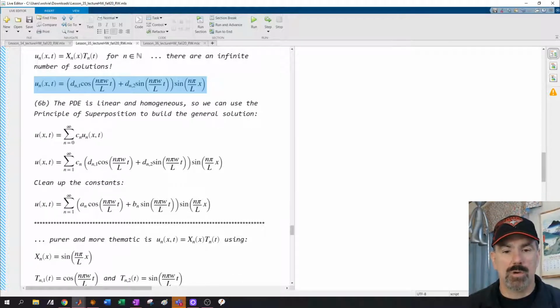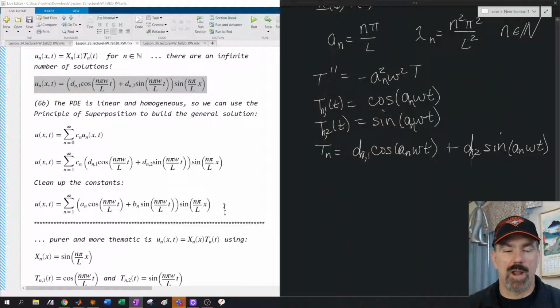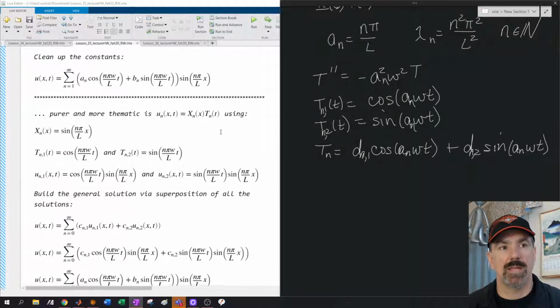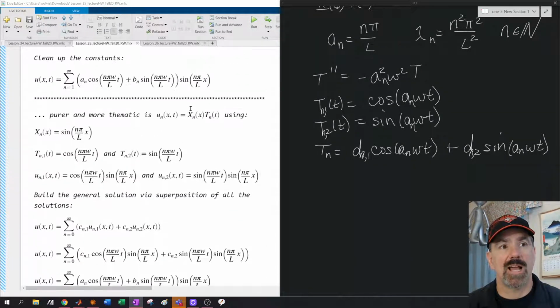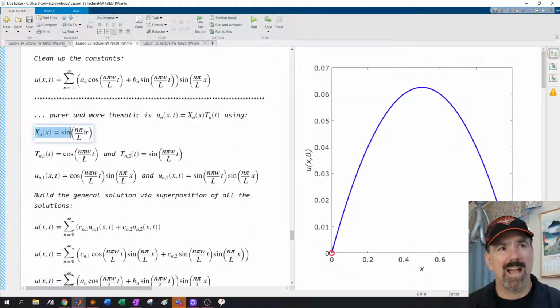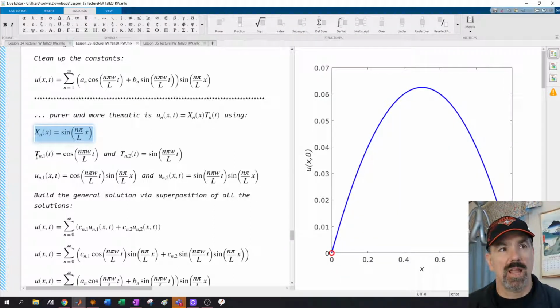So let me just show you what I would argue is actually going on here if we were to do this in the manner that we are accustomed to thinking about things. And that's just this little highlighted piece right here. A really more accurate way of thinking about this would be to do the following. I have my eigenfunctions, and then I have two solutions to my T ODE.